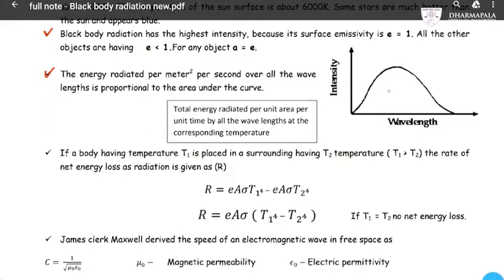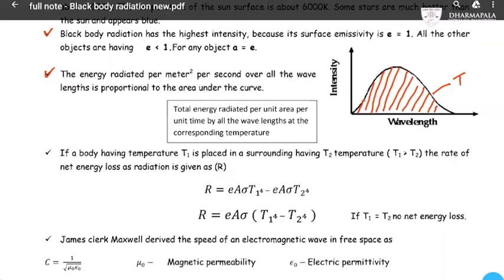So if you take the intensity distribution curve for a particular temperature, this area under the curve gives the total radiation energy emitted over all wavelengths at that particular temperature T.